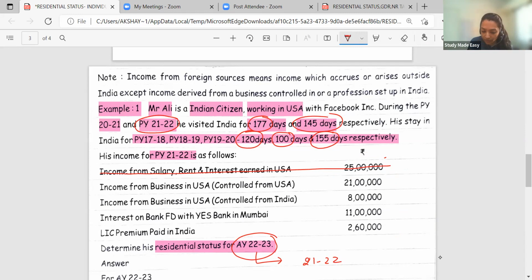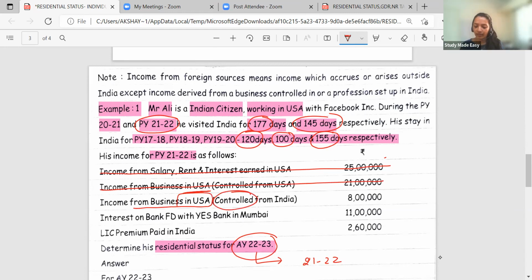Then income from business in US, again he is in USA. Am I concerned about this income? Should I include it? No, ma'am. No. But income from business in USA, control is in India.